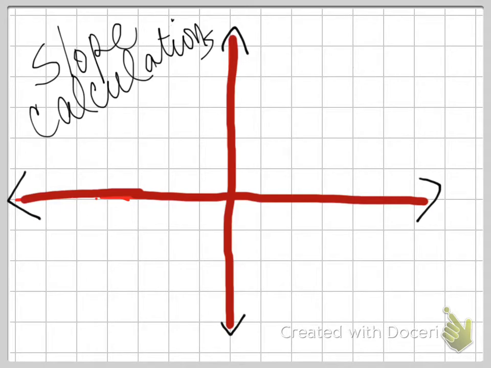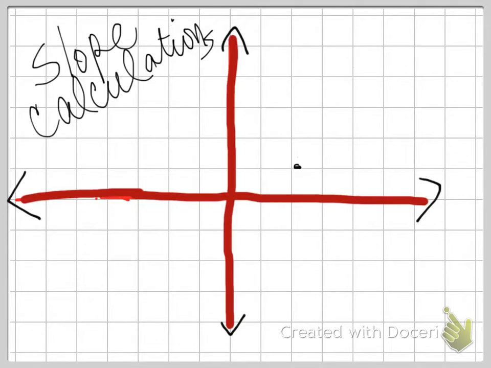Now we're just going to calculate the slope of 2 points. First of all, before you can have a line, you have to have 2 points. So I'm just going to choose 2 coordinates from this coordinate plane. So I'm going to put a dot here, and this will be my first coordinate.